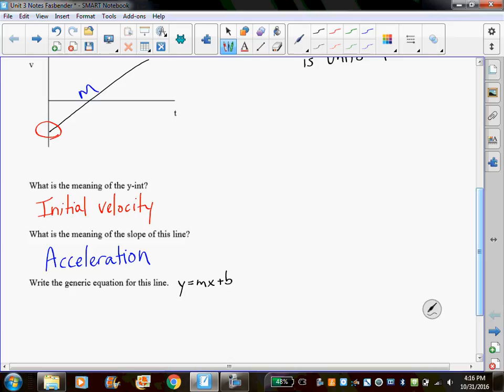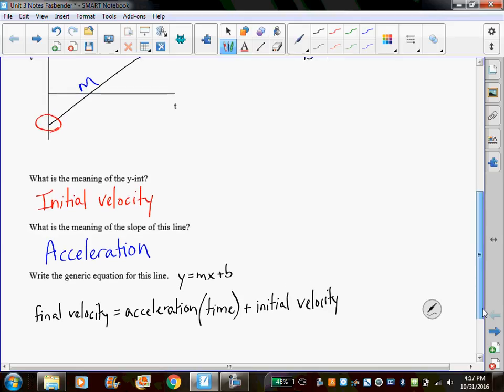So in place of y, I would write final velocity is equal to my slope, which we just said was acceleration, multiplied by my x, and time is what is on my x-axis, plus my y-intercept, and we just said that the y-intercept was the initial velocity.